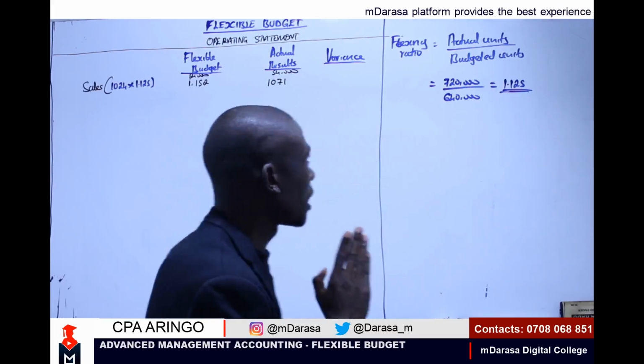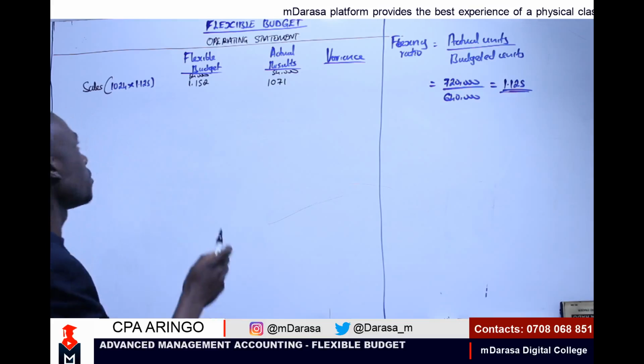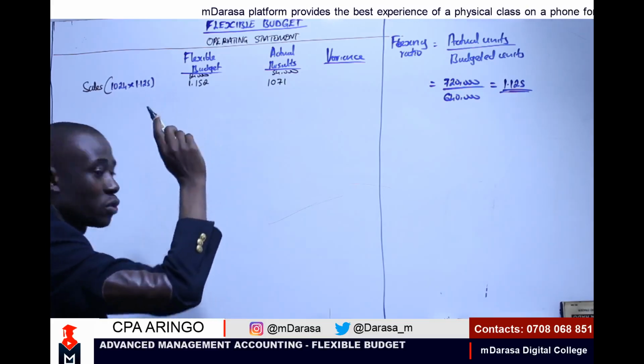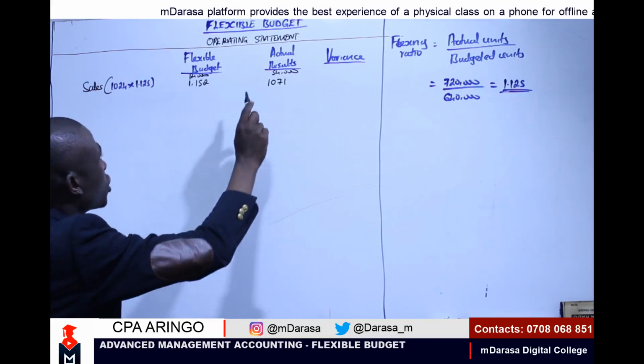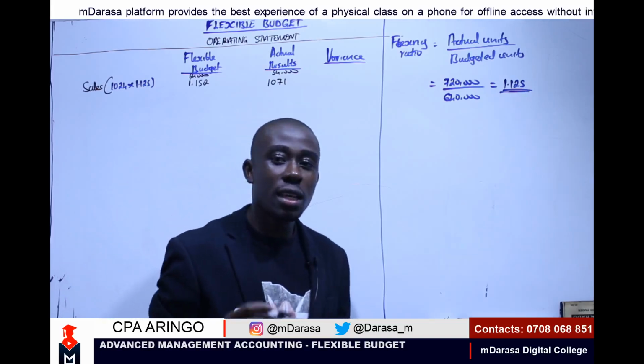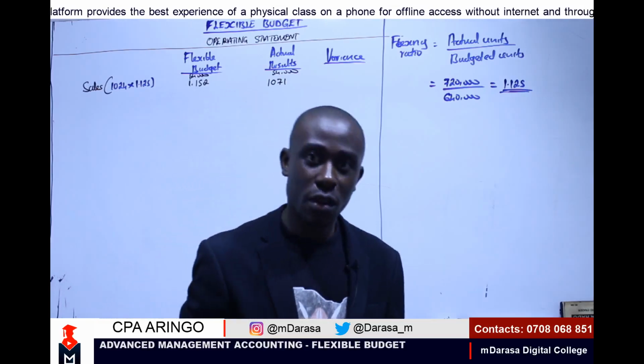Looking at our revenue here, my flexible budget is 1,152,000 in regard to sales. Our actual is 1071. A good student will tell us if I'm having a favorable variance or an adverse variance.